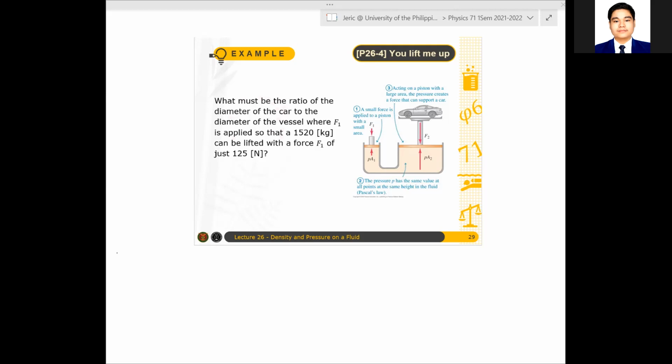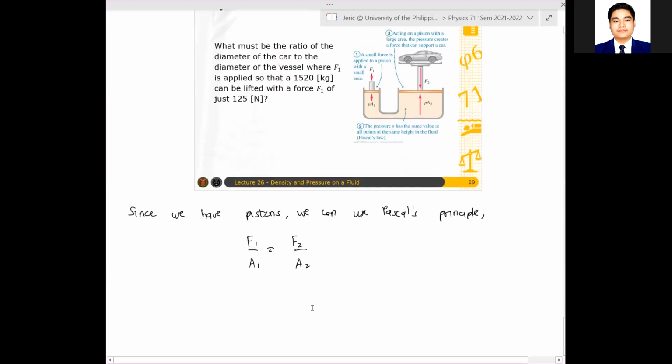So in this case, since we have a piston, we can use Pascal's principle. That is F1 over A1 equals F2 over A2. Now remember, A1 is just equal to what? Let's say that the diameter is D1.